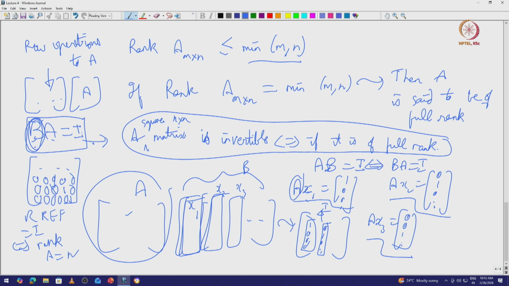Well, one way is to do the same row operations on the identity matrix. If A was identity, then B times A would have been equal to B itself, right? So you do exactly the same row operations needed to bring your matrix to the row reduced echelon form to the identity matrix itself, and you can recover the inverse, right?